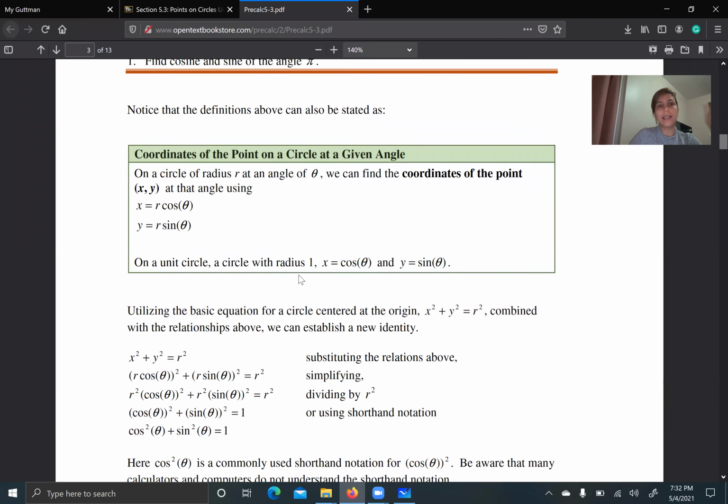Another thing that we can calculate, this is so easy, is that if you have a circle of radius r and you have an angle theta, then we can find the coordinates of the point using the angle, which means that if you're given theta, the angle, then you can find the corresponding x and y.